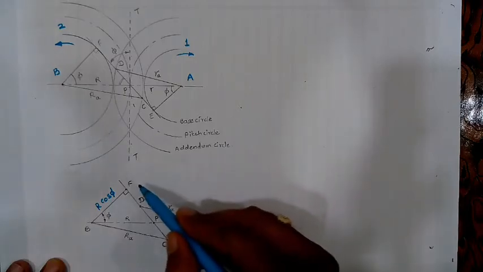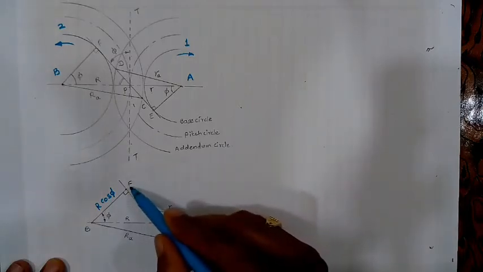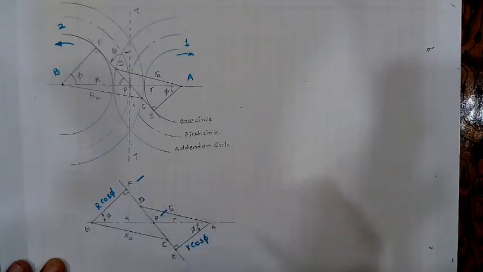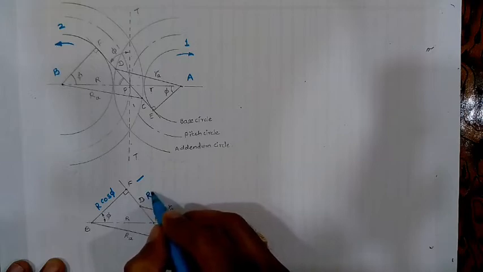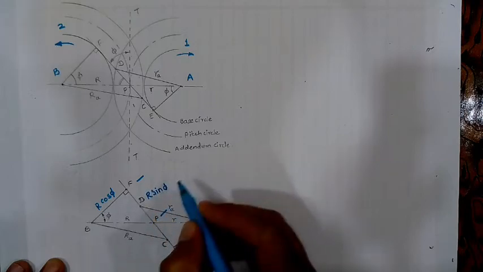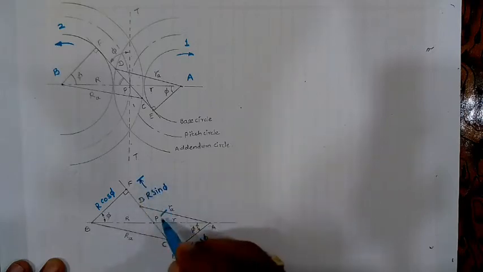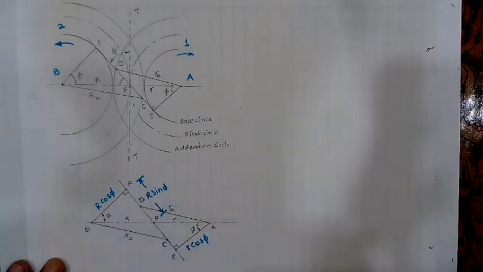Now similarly, if I want to find out this FP distance, from triangle BFP, FP is the side opposite to phi angle, so it will be capital R sin phi.